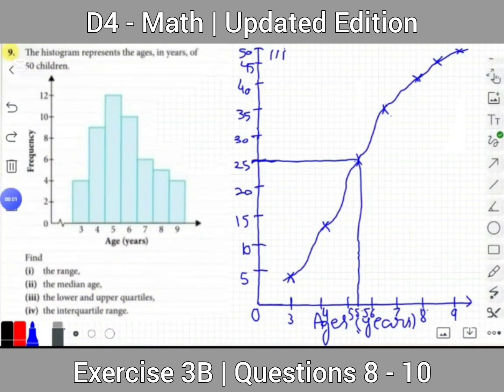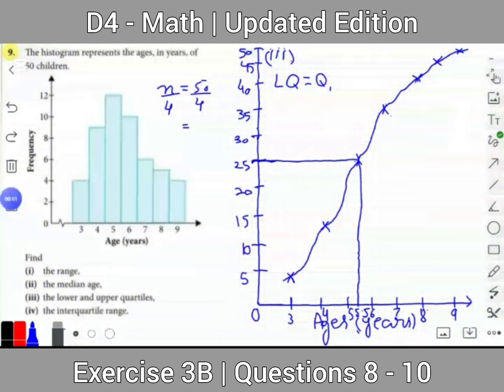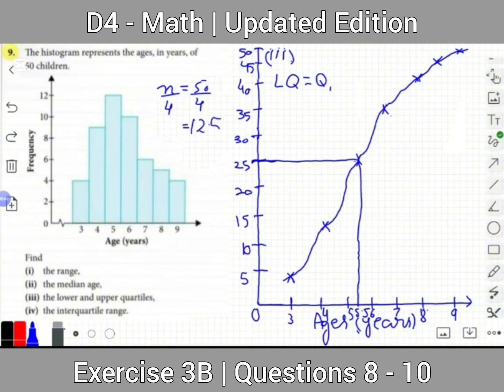Now for part 3, the lower quartile Q1 can be found. First we estimate the position of the lower quartile, which is n over 4. So n over 4 is 50 over 4, which is equal to 12.5, approximately 13.